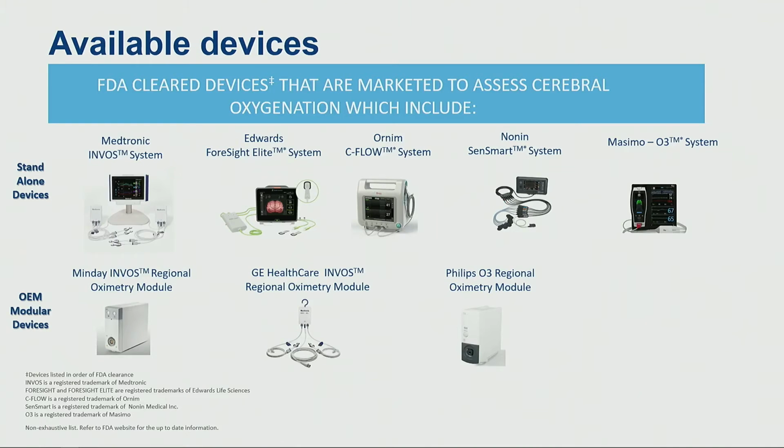Now, there are tons and tons of available devices. I'm not going into available devices. The bottom line I'd like to say is that I like to see minimal monitors by the patient's bedside in the ICU. Less monitors, more data on a single monitor. That is my mantra, not just with NIRS, but with all hemodynamics and all other investigations that I do in the ICU.